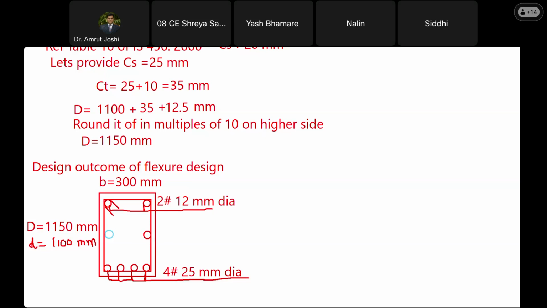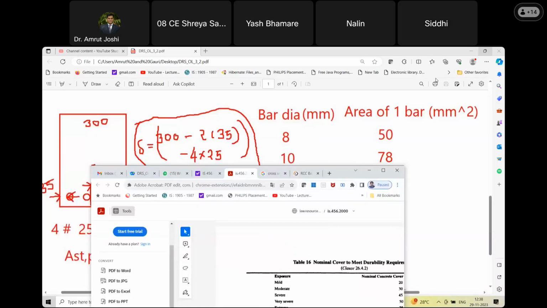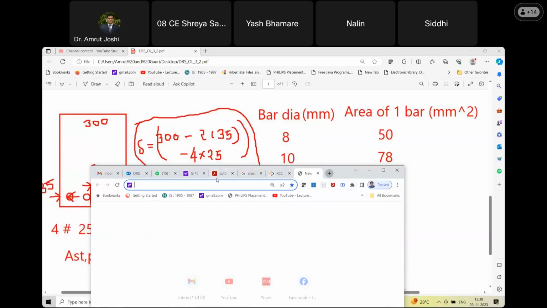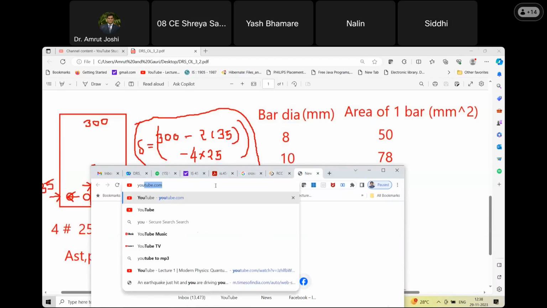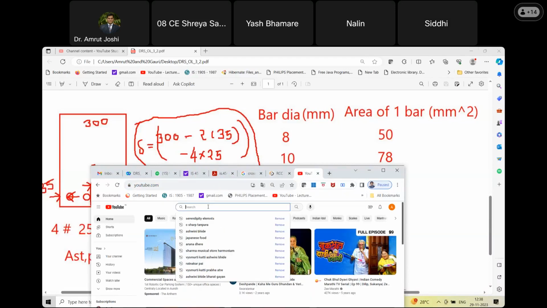Now, before we close for today, let me show you a small video clip on how this shear reinforcement is made so that you will understand what are those hooks which I have drawn. Are you with me? Yes, sir. So, are you able to see the YouTube screen? Check. Yes, sir. Okay, 1 minute.